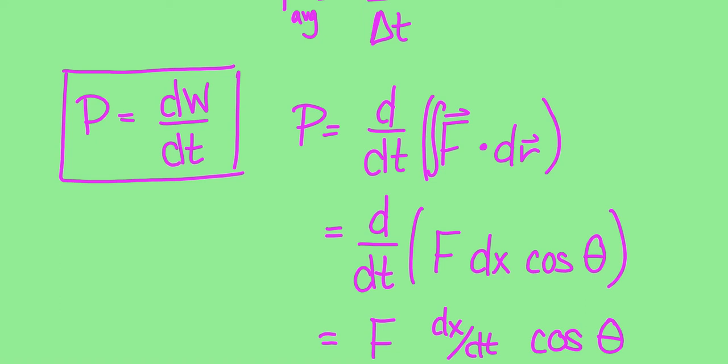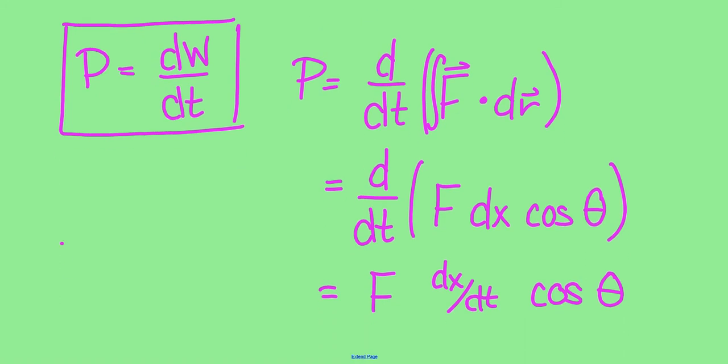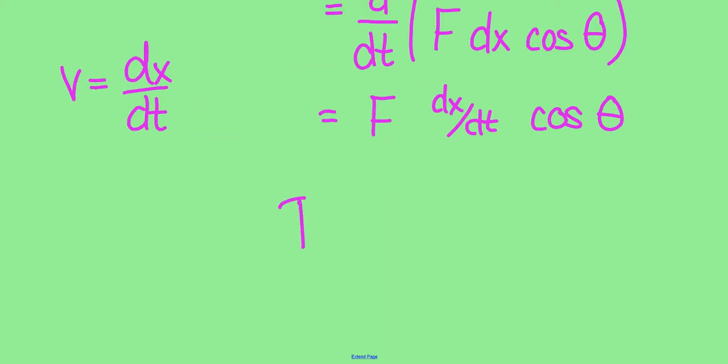Now, we know that dx/dt is really a different quantity because we've learned previously that velocity can be expressed as dx/dt. So that means another way of finding power, and again, this depends on when we have a constant force, so this can only be used if you have a constant force, is F dot v.